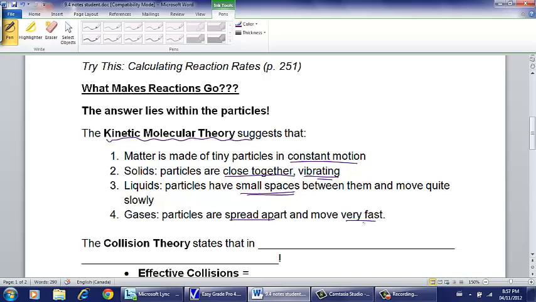The collision theory says that in order for moving particles to react, they must first collide.